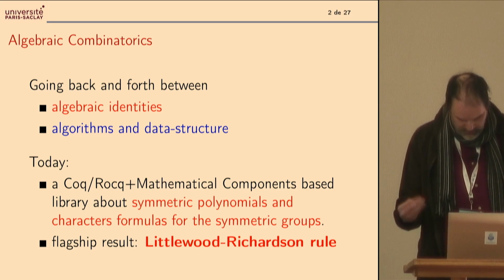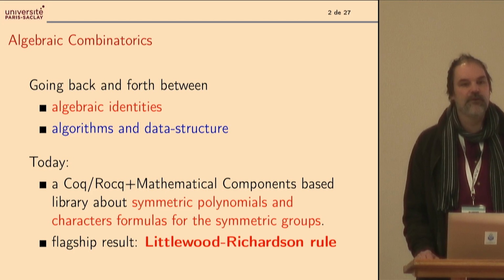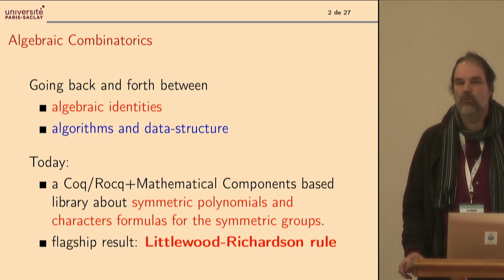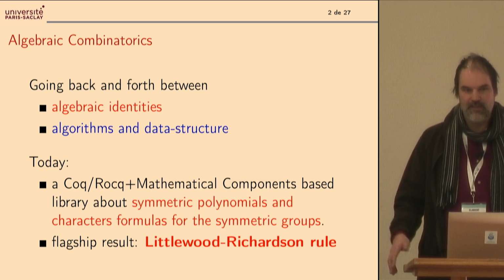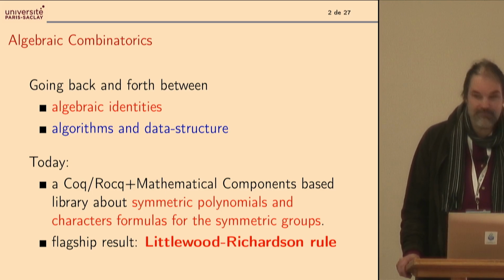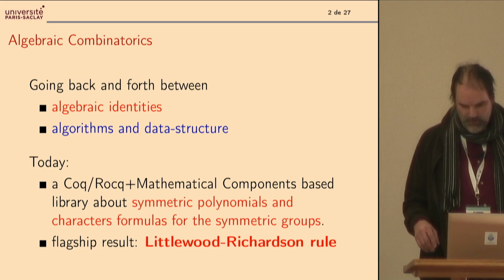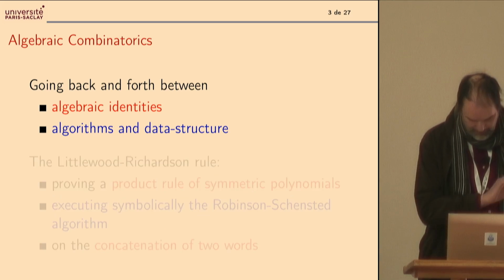So really a computational question. And my flagship result is the Littlewood-Richardson rule. I will try to give you an idea of the statement of this rule and a very rough idea of how you can prove it.